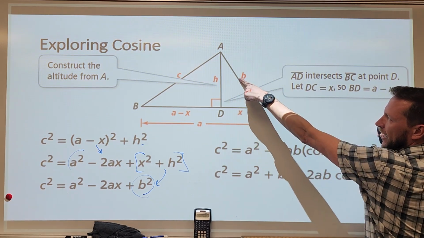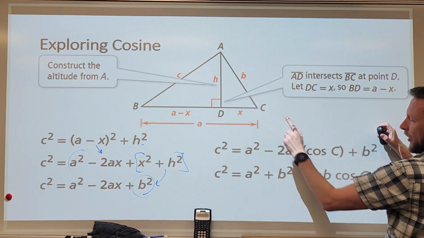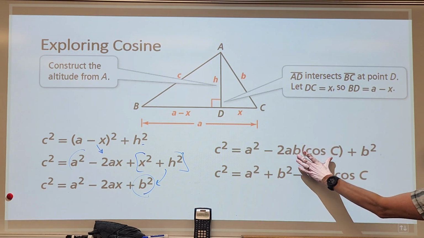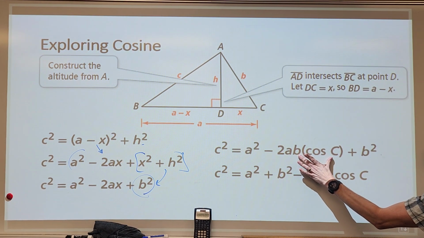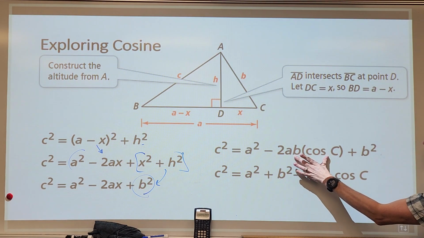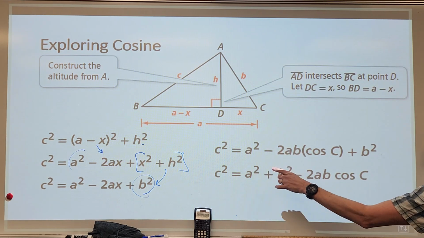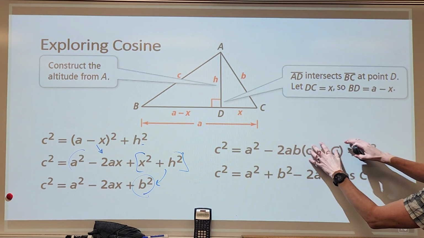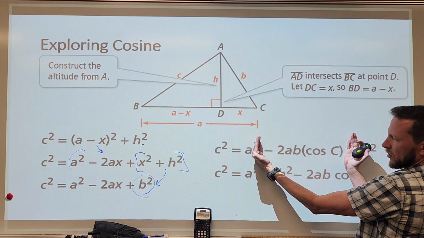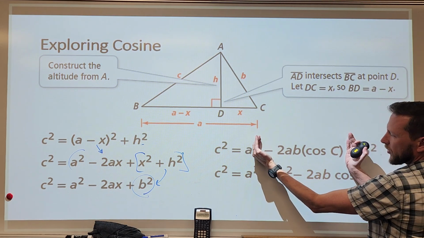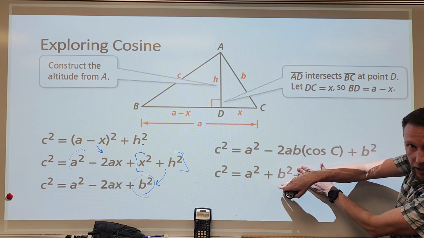And so if I multiply both sides by b, then I find out that b times the cosine of c is x. b times the cosine of c is x. And so what this lets me do is shift some things around. And I have this weird addition, I know subtraction, but this weird addition to our Pythagorean theorem piece.